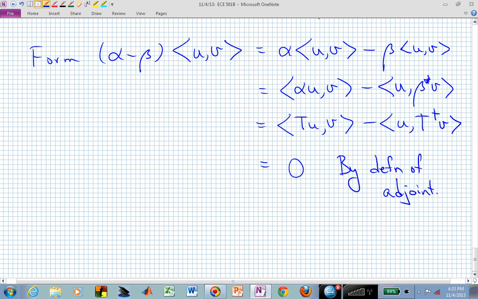But now, if we have all of that equal to 0, let's go back to what we started with, and now we have that alpha minus beta times the inner product of u with v is 0. But alpha and beta, remember, we said were distinct, which now says that alpha minus beta is non-zero. So we'll be able to divide that out, and that's what we want. Now we know that alpha minus beta, scaling the inner product of u with v, is equal to 0.